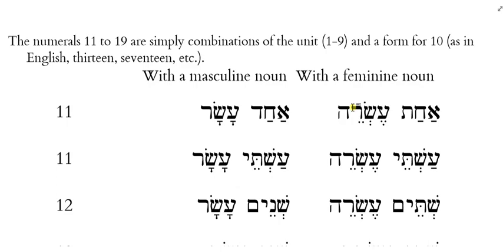2 and 10? What's that? 2-teen? Yeah, it's 12, right? And 1 and 10 is not 1-teen, but 11. Now, Hebrew is actually more consistent here. With Hebrew, you just take the number of the units, 1, 2, 3, 4, 5, 6, 7, 8, 9, and you just conjoin it to a form of 10 in Hebrew, which, as in English, is a slight variation of the real number 10.